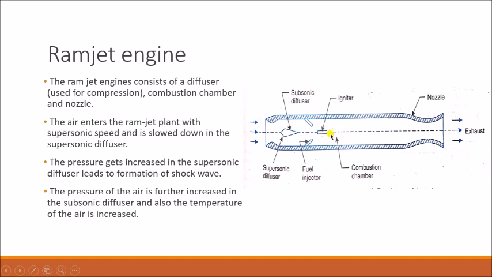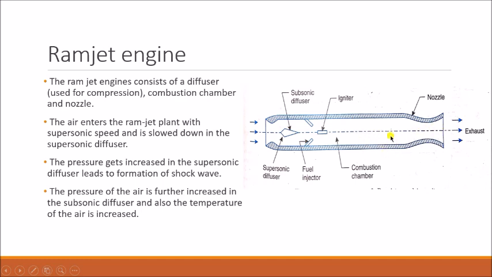Due to that, combustion of the mixture takes place. The temperature here rises up to around 2000 degrees Kelvin. The pressure energy is converted into kinetic energy. Due to the combustion, high pressure is generated, which is converted into kinetic energy. The high velocity gas leaving the nozzle provides the forward thrust to the whole unit.